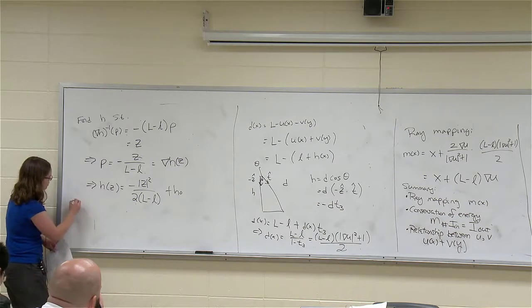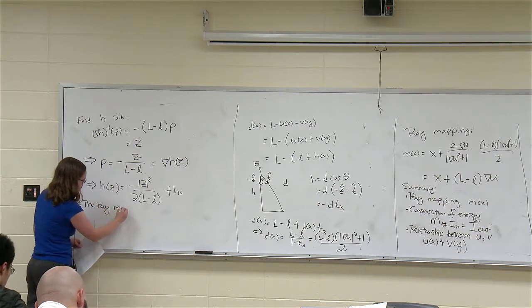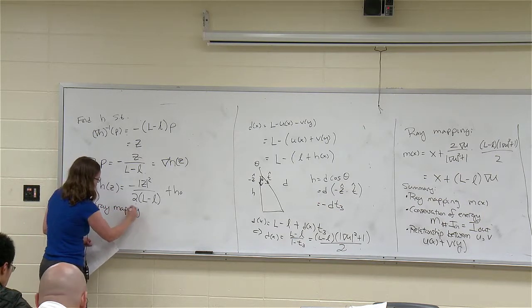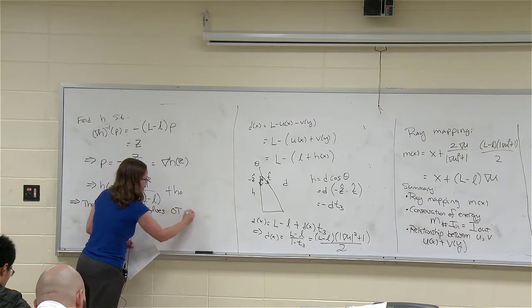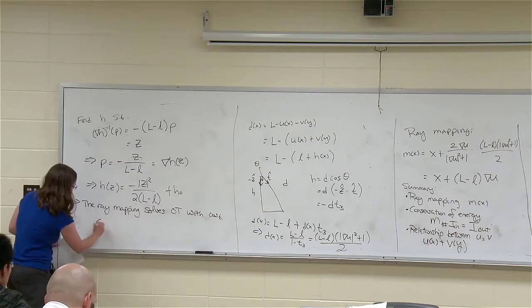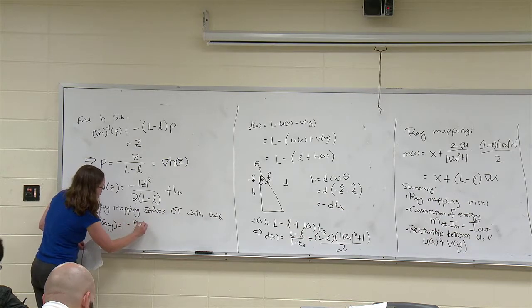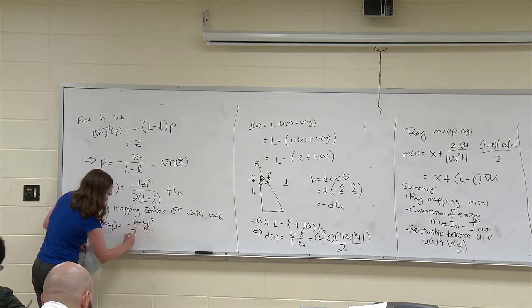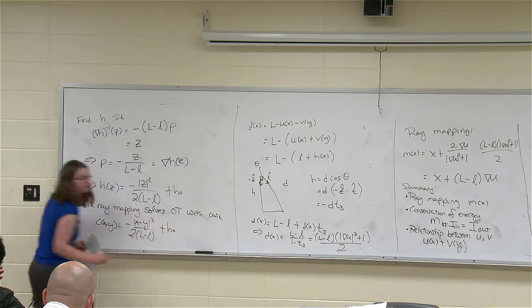Okay, so what's the takeaway? The ray mapping solves an OT problem with now this cost function, with c of x, y equals minus x minus y squared over 2 L minus L plus some constant.